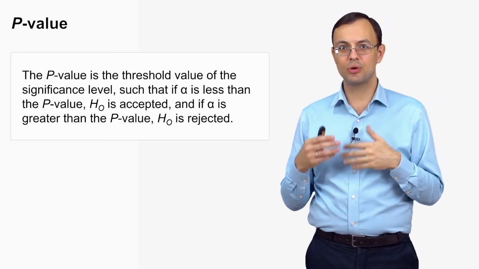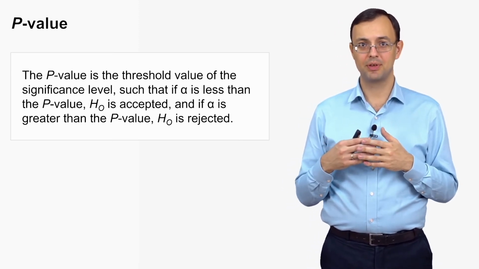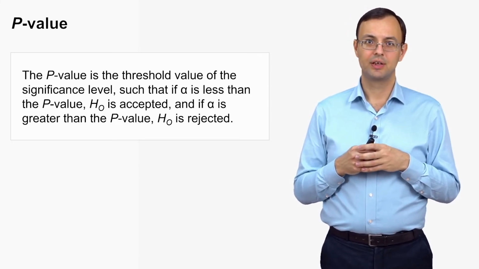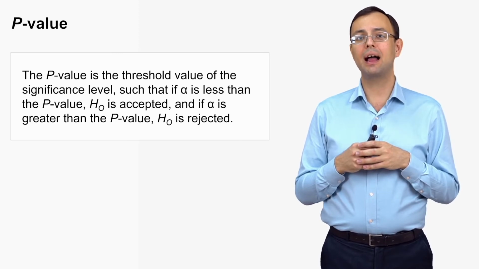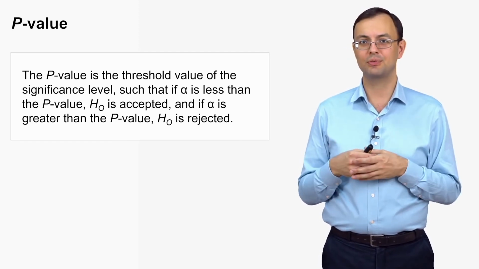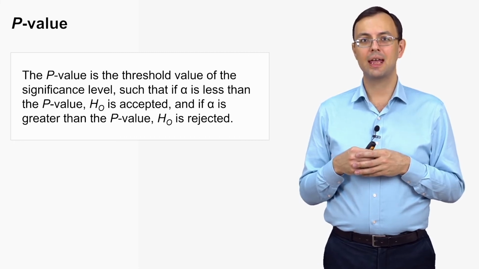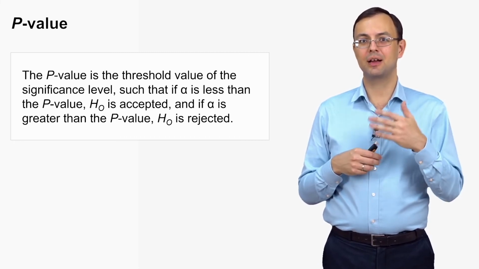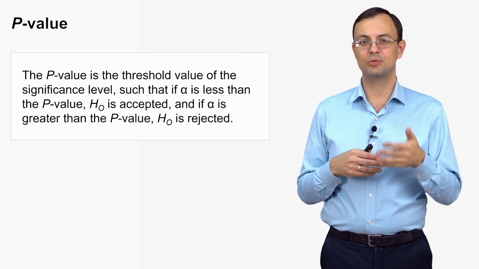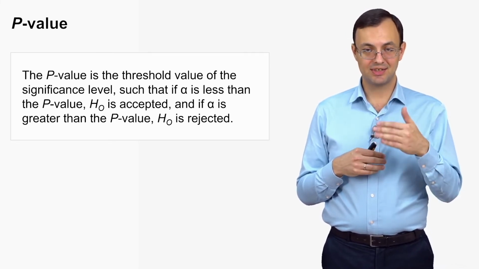Nowadays, when you solve a hypothesis testing problem, you usually give an answer in the form of the p-value. You usually don't say, I have chosen the significance level, like 0.05 or some other, and that is why my answer is that the null hypothesis is accepted or rejected at this significance level.